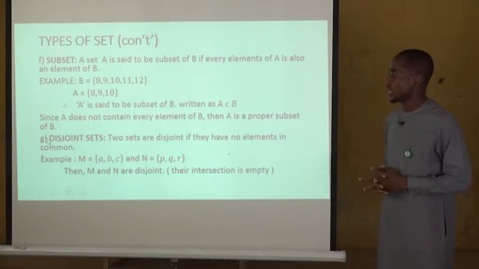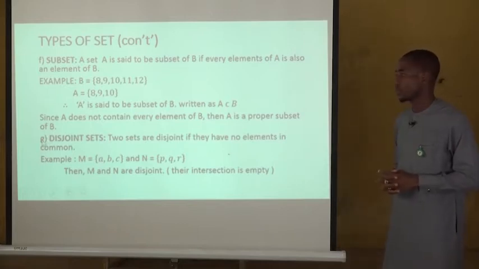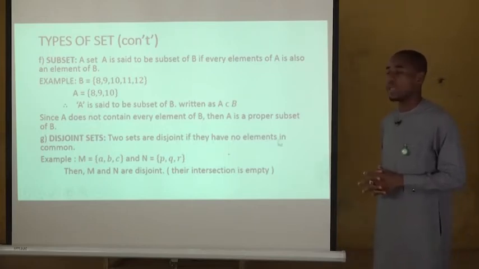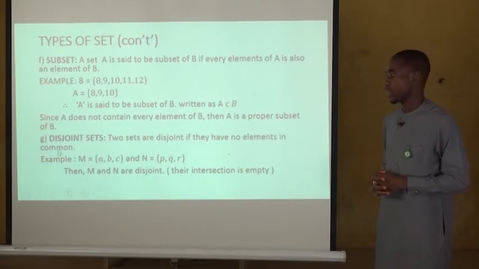G, we said disjoint sets. Two sets are disjoint if they have no elements in common.